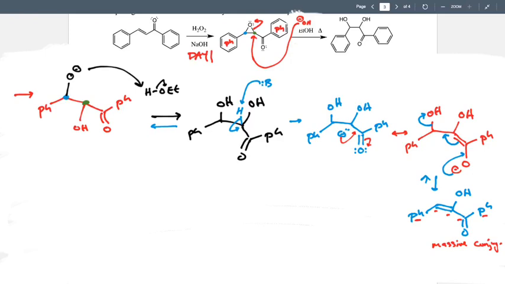So that conjugation was a very good thing to do to eliminate that, because we get a more stable product out of it. We typically only evaluate the leaving group and ignore the other half. In this case, we have to evaluate the other half of our structure. The other half is what's driving this. That structure has become more stable than even the hydroxide being a bad leaving group.